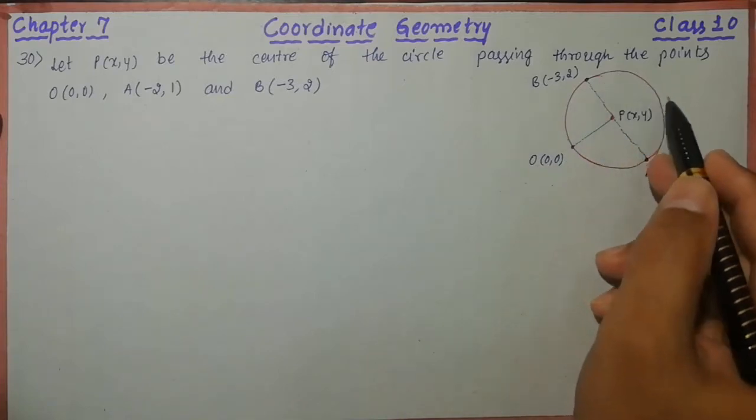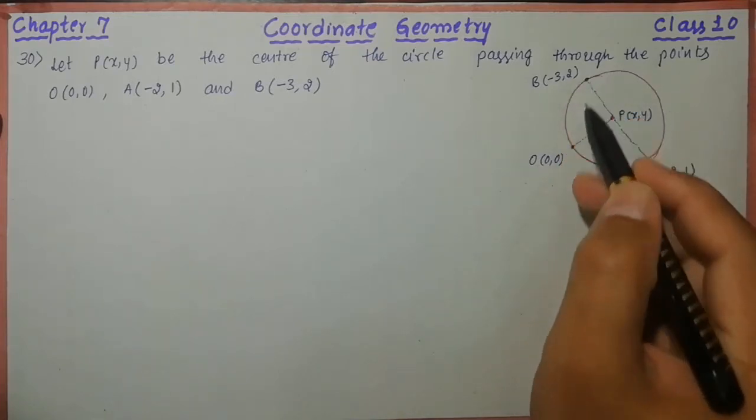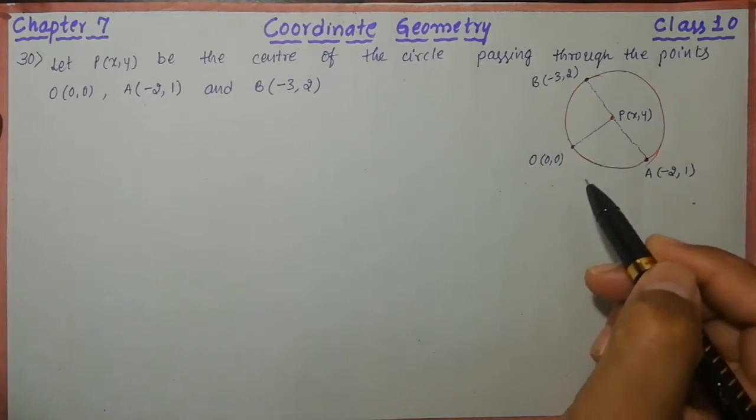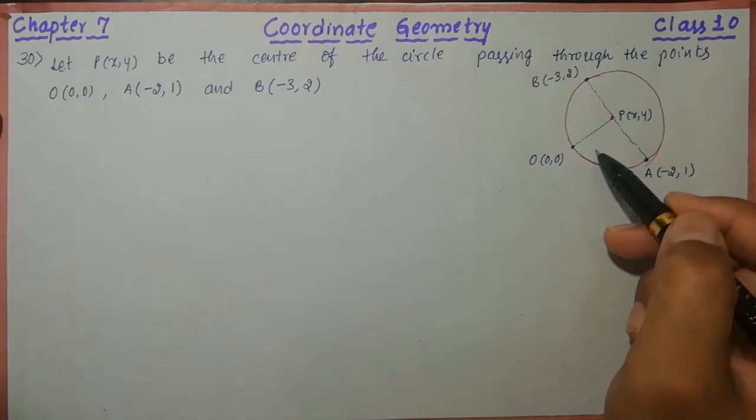There are so many points on the circumference of the circle, but 3 distinct points are given to you. It is a rough diagram, so you can write anywhere.